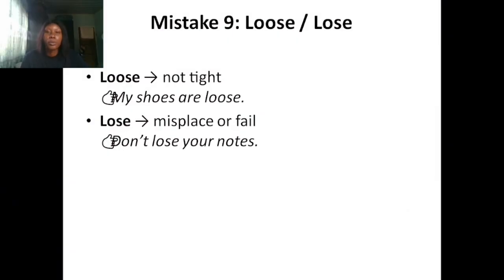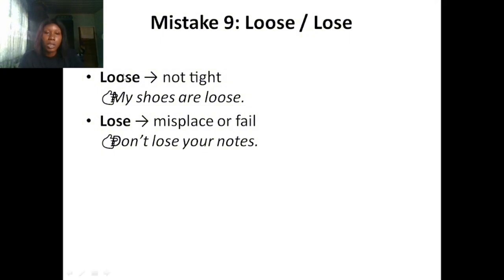Loose and lose. The one with the double o is pronounced loose, with the long oo sound. This one is pronounced lose, a shorter sound. Let's look at how they are to be used. Most times we tend to misplace them or use them contradictorily.